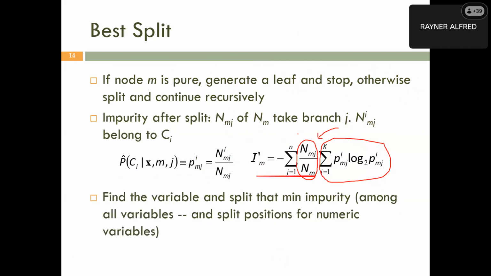So we sum up all the entropy after multiplying it with the weightage of that particular partition. Okay, so how do we use this formula?